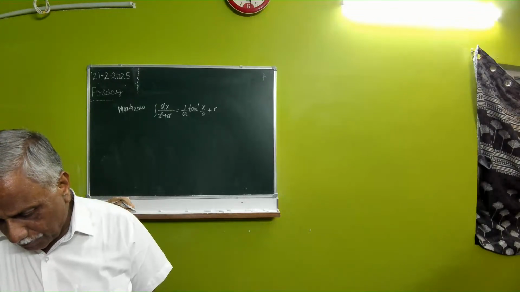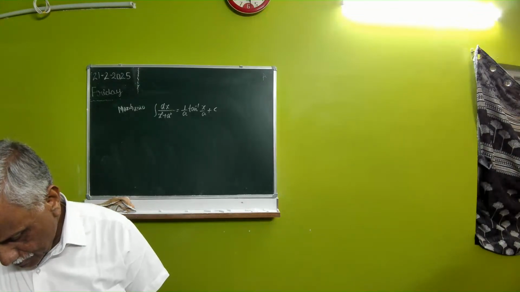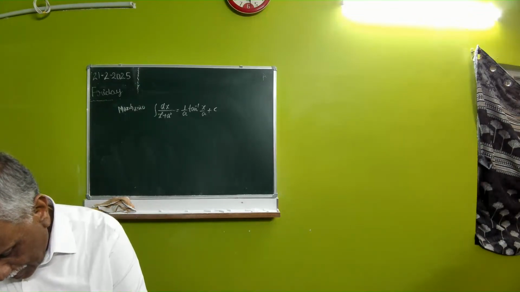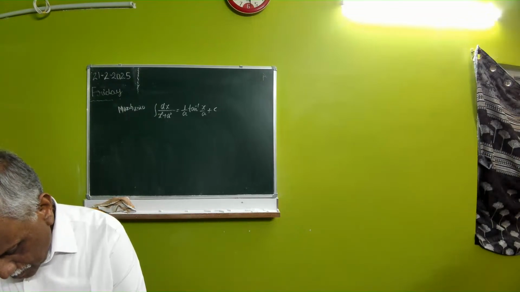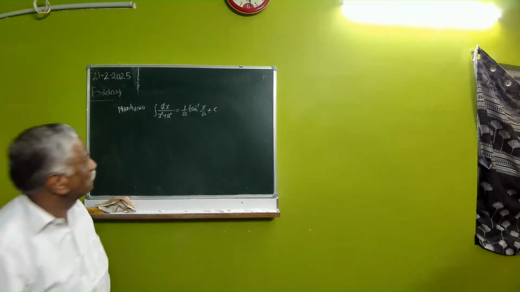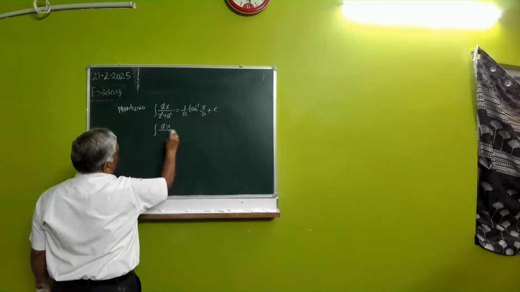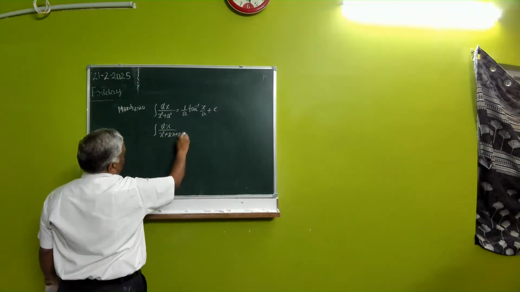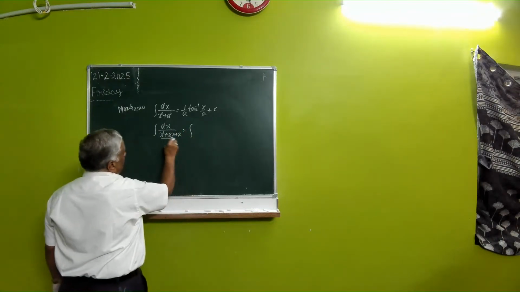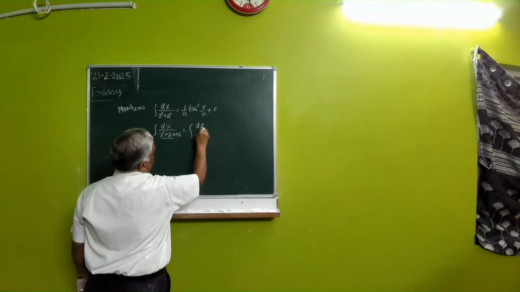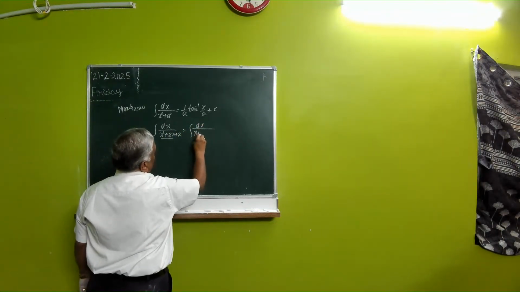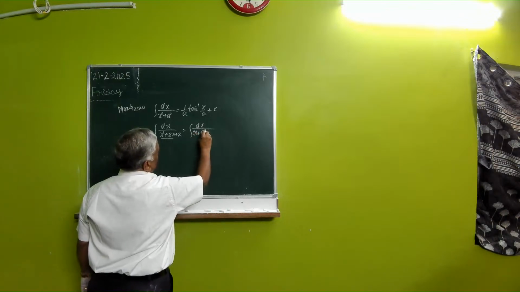Now, you have got to work the problem: the integral of dx over x square plus 2x plus 2. Completing square method, look at this. I will write this as x plus 1 whole square.